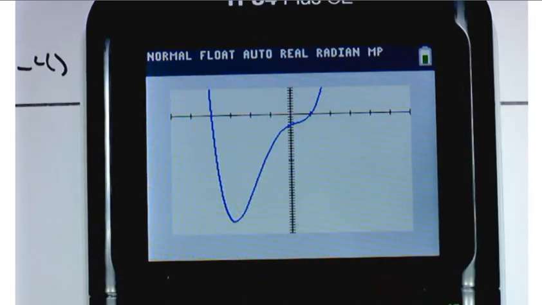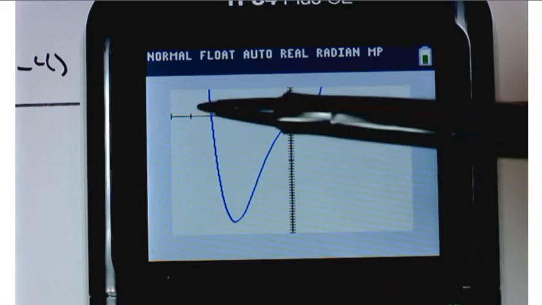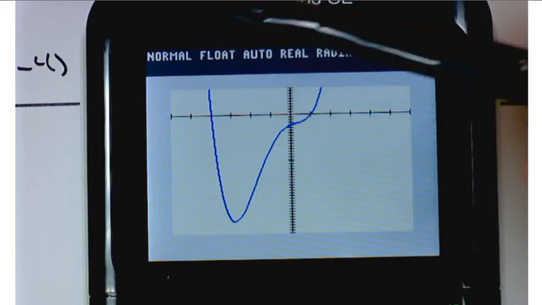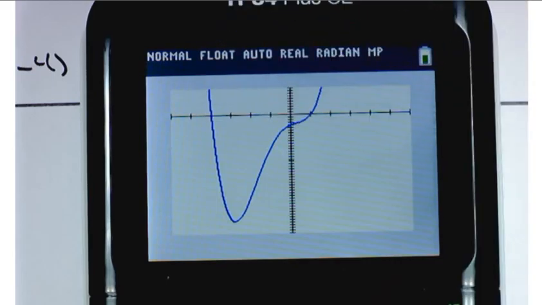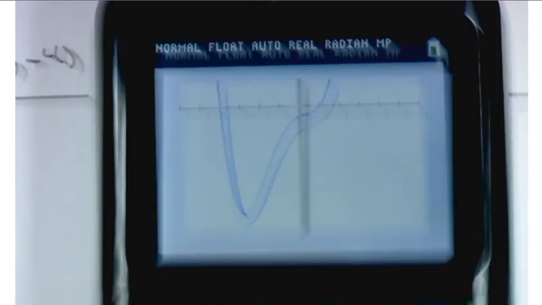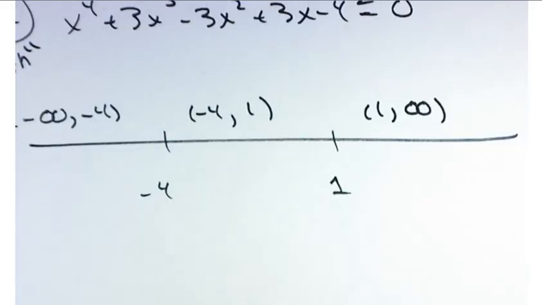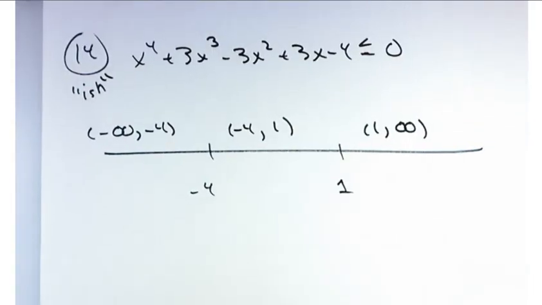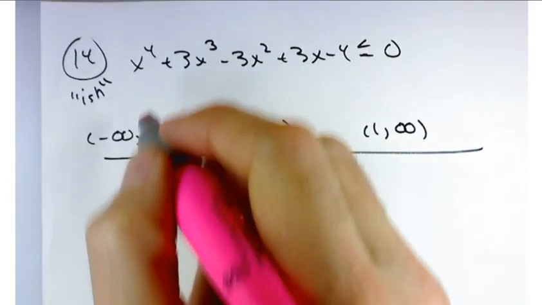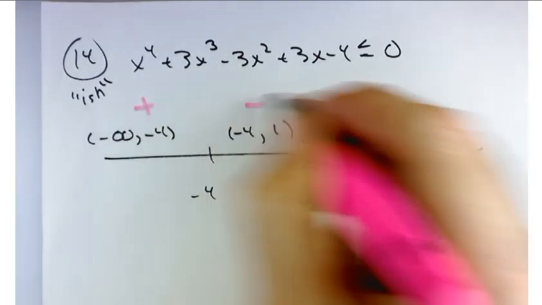Is the graph positive or negative to the left of -4? It's positive, right? It's above the x-axis. What's happening between -4 and 1? It's below the x-axis. So do I necessarily really need to test points to determine the signs here? Positive, negative, positive.